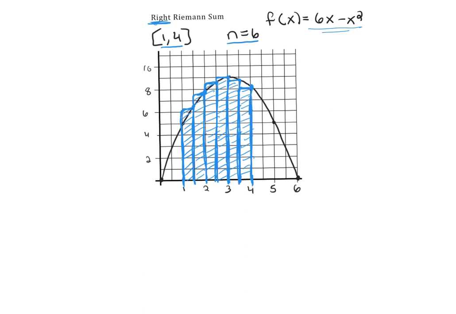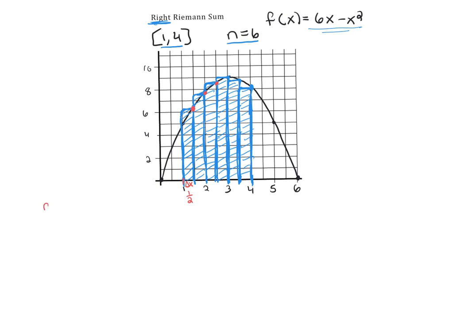Let's again think about where the dimensions of the rectangle are coming from. The width of every rectangle is this change in x, which in this case is 1/2. And the height is coming from these function values. Even though the interval starts at 1, my first y value is at 1.5.